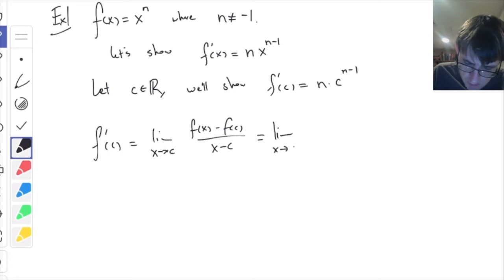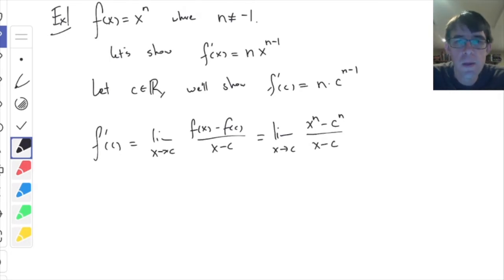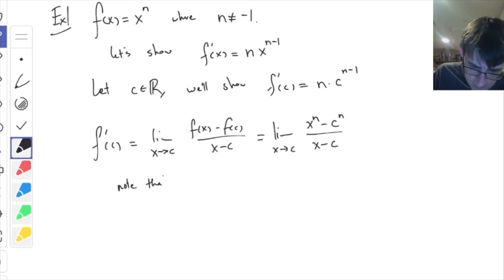The limit as x goes to c of x to the n minus f of c, which would be c to the n, because that's what f is, the nth power, divided by x minus c. Now, if you want to simplify this limit, you have to do some weird canceling or factoring. Here is a weird rule, so note that this is a true fact.